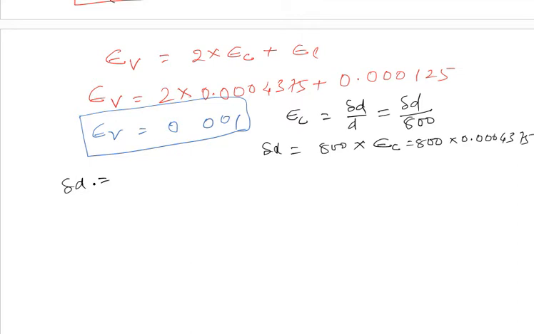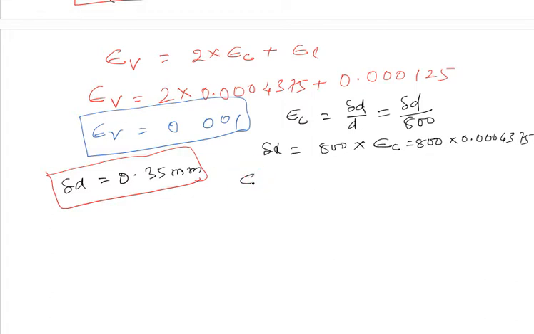The value of change in diameter is 0.35 mm. So we got the value of change in diameter. Correct?